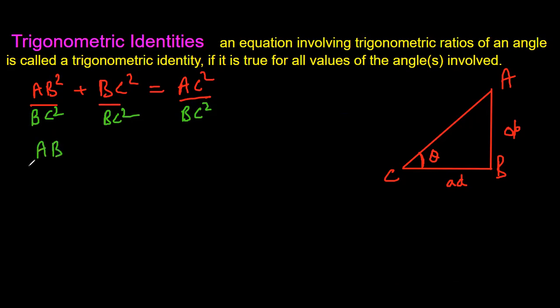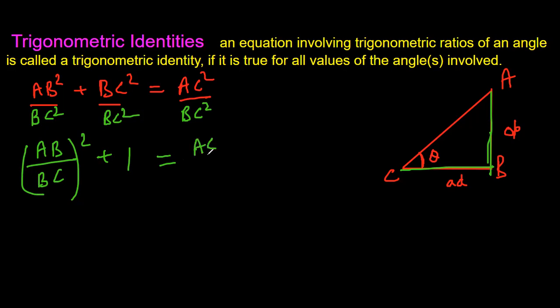AB is the opposite side and BC is the adjacent side. Opposite by adjacent, the square of this, plus 1, is equal to AC by BC, which would be hypotenuse by adjacent. That is the reciprocal of cos, which is also known as sec. But first we will write AC by BC and say square of this.